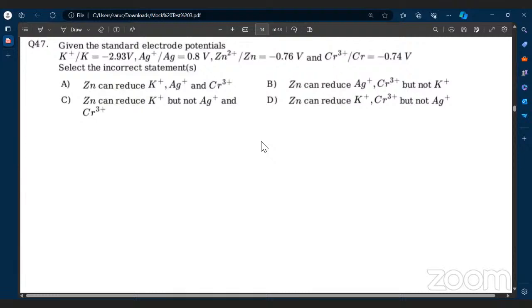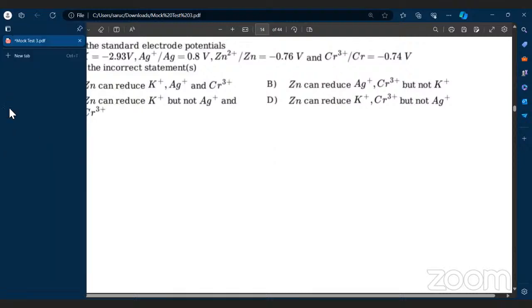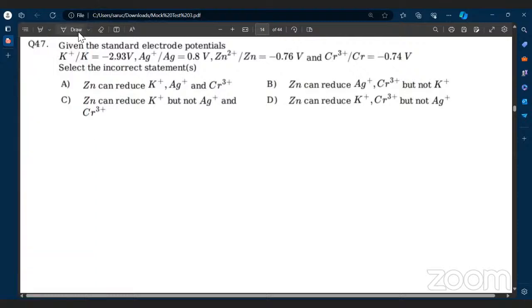Given the standard electrode potentials, they have given the standard electrode potential of K plus to K is minus 2.93 volt, Ag plus to Ag is 0.8, Zn2 plus to Zn is minus 0.76, Cr3 plus to Cr is minus 0.74. So all these are oxidation potential or reduction potential?